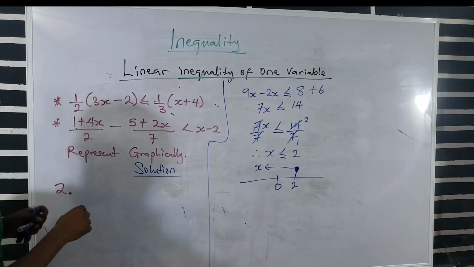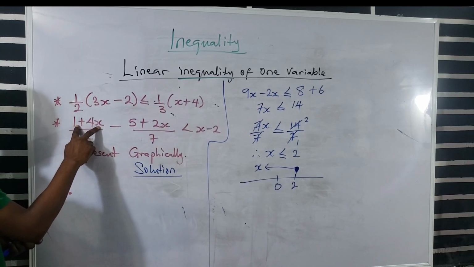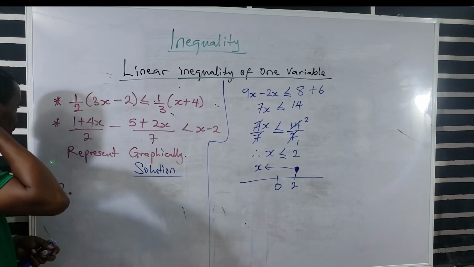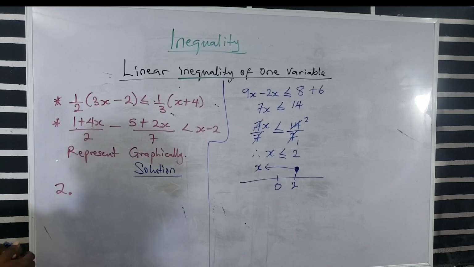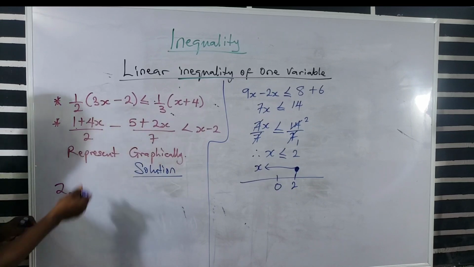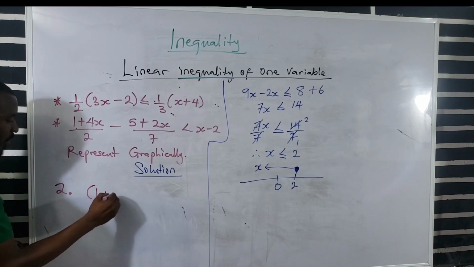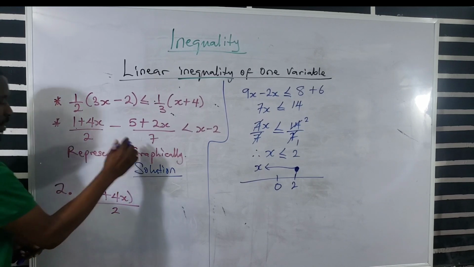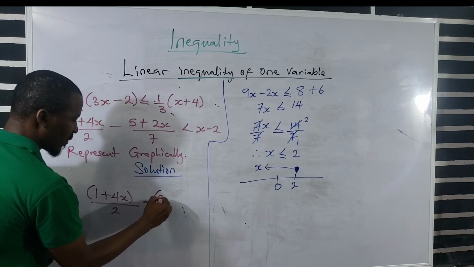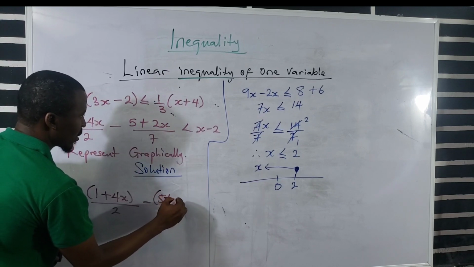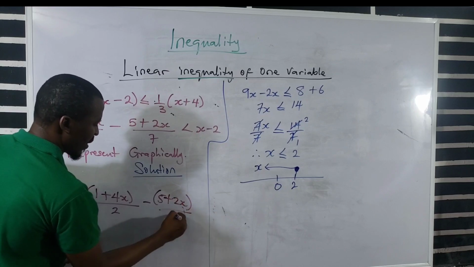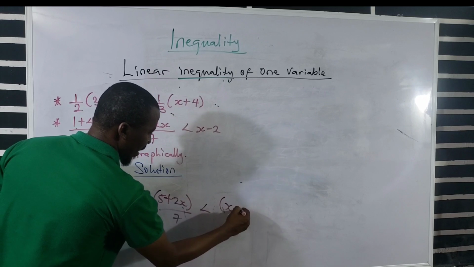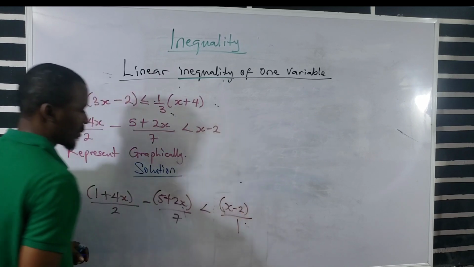So the second question here, we have an expression and an expression here. The first thing I will do is to put these expressions in brackets individually. So that will give us 1 plus 4x over 2 minus 5 plus 2x over 7 less than x minus 2 over 1.